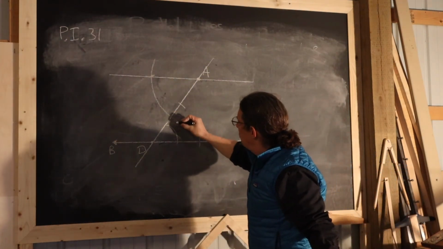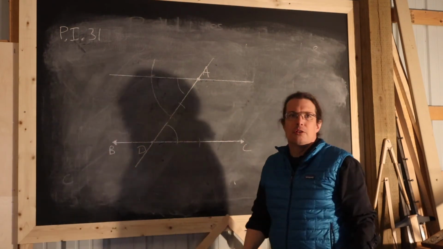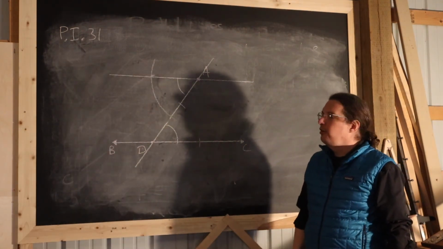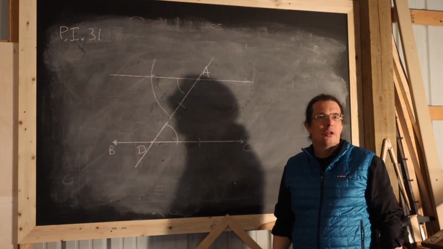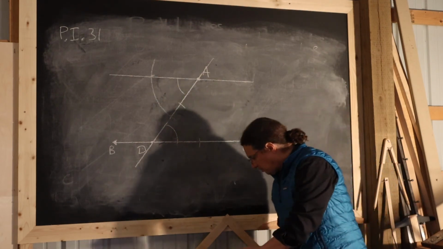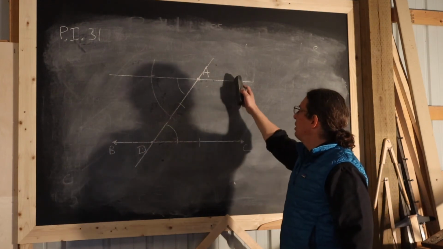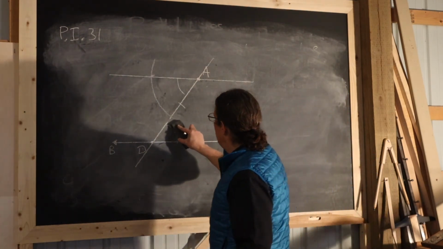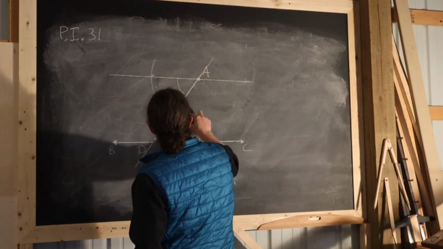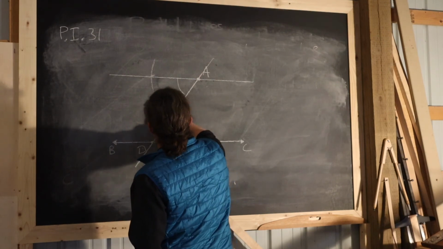Because this angle and this angle, they're copies of each other and they are alternate interior angles. Right? So that's one way to construct a parallel set of lines. But I don't have to just work with the alternate interior angles.